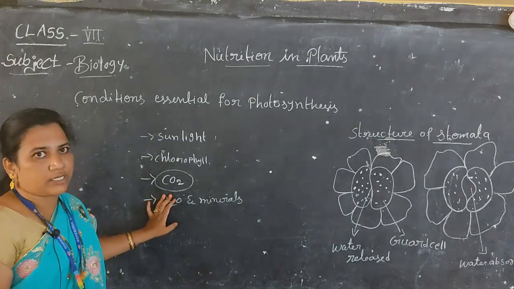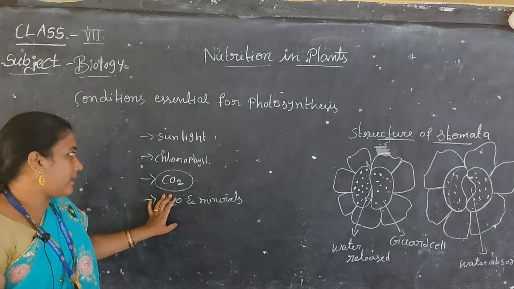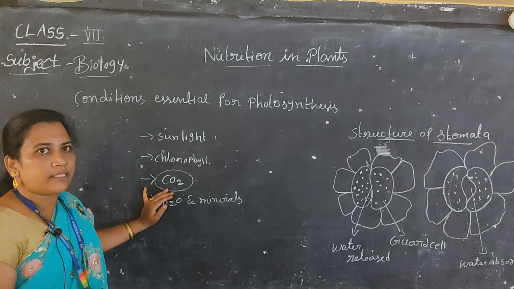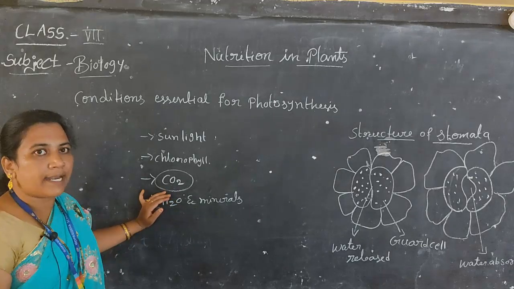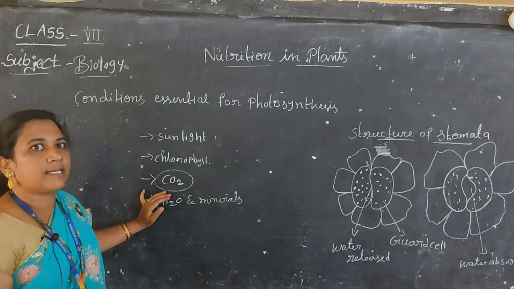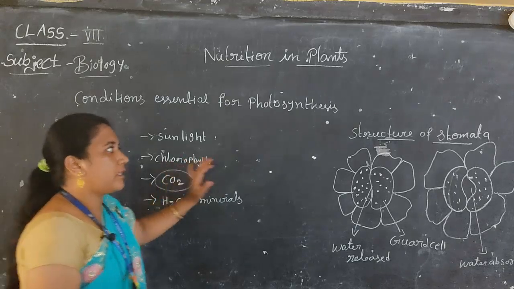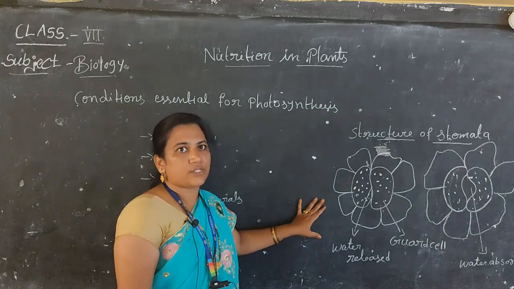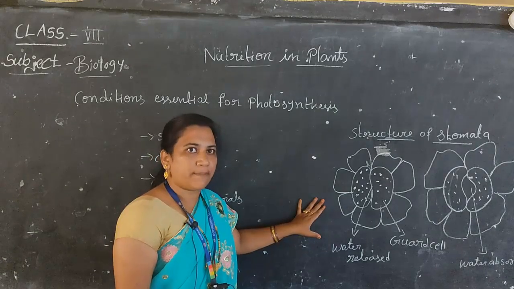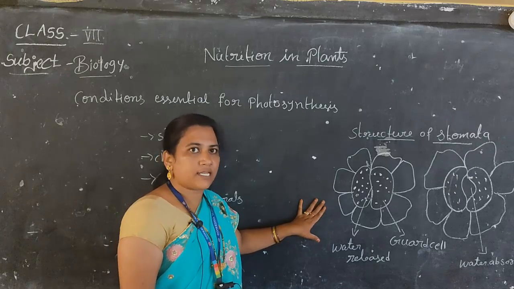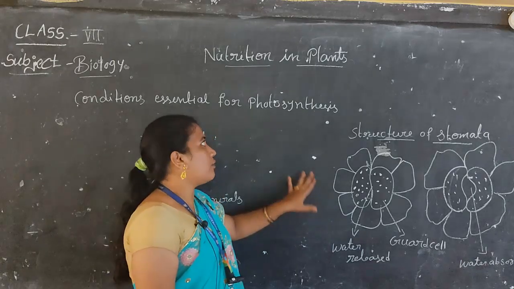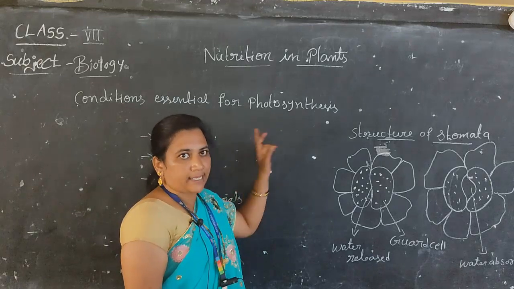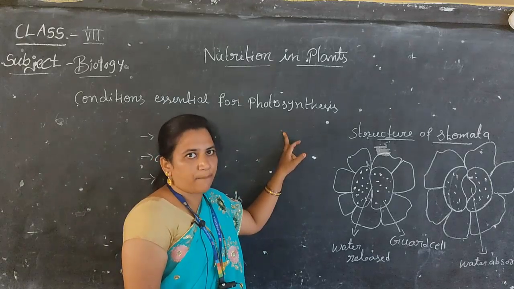So what are the structures helpful for the plant to complete this exchange of gases? Taking in carbon dioxide and releasing oxygen is done by the stomata. Stomata is the structure present in the plant that is helpful for a plant to take in carbon dioxide for the photosynthesis process.